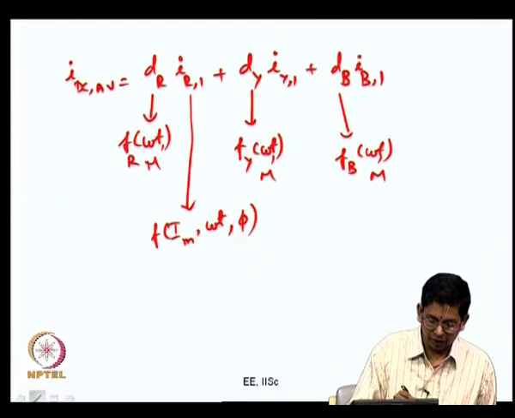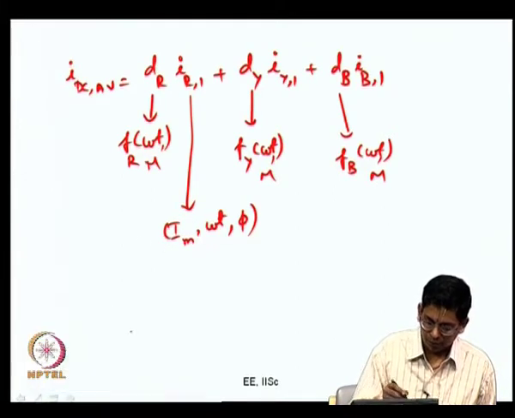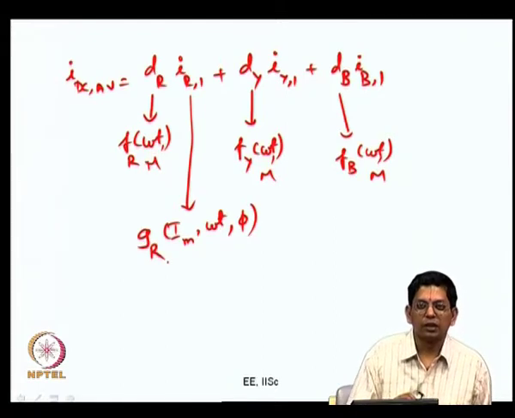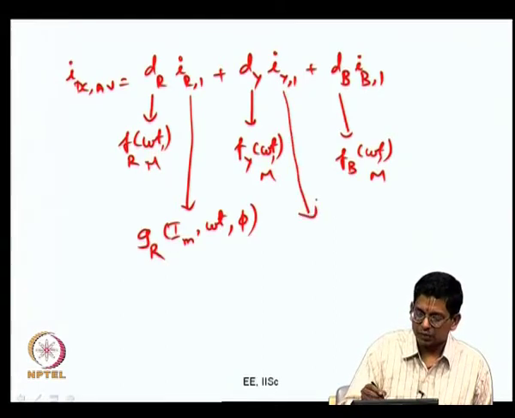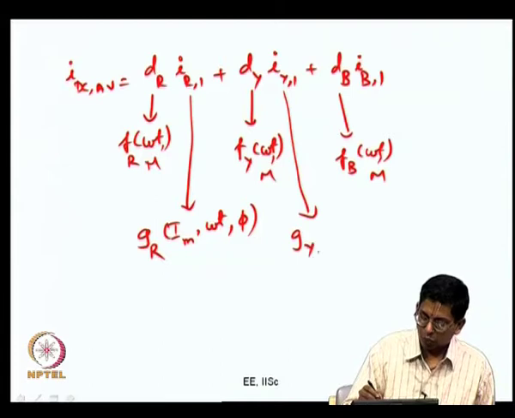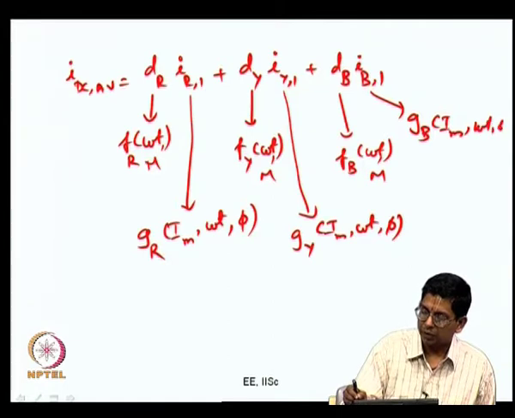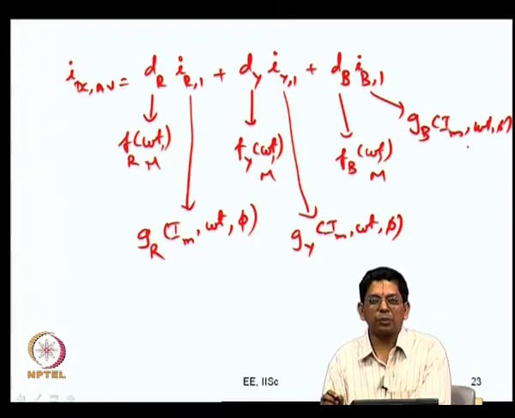So, let us call this not f, for example, let us call this some g r, and this is some other function g y of these Im, omega t and phi, and this is some g b of Im, omega t and this power factor angle phi. So, this can be expressed now.